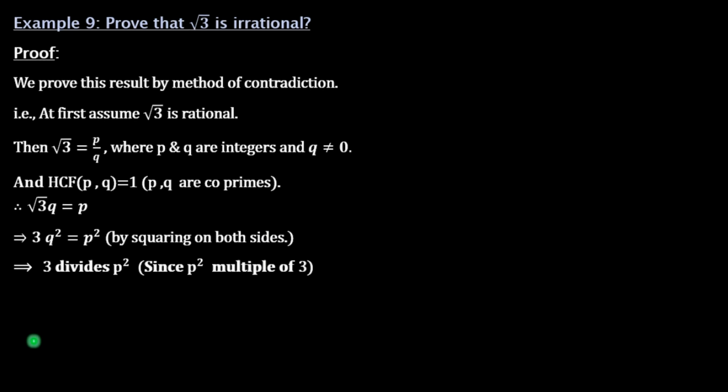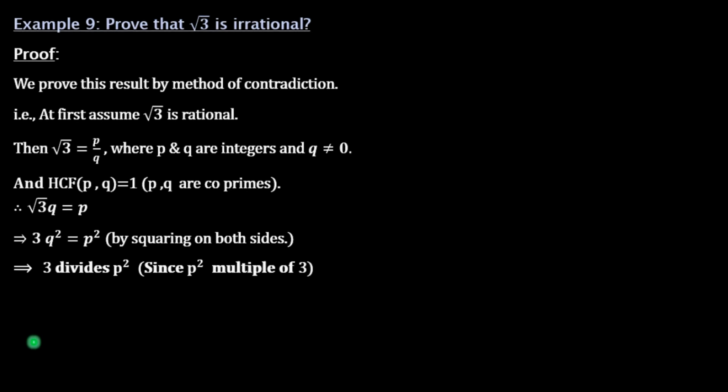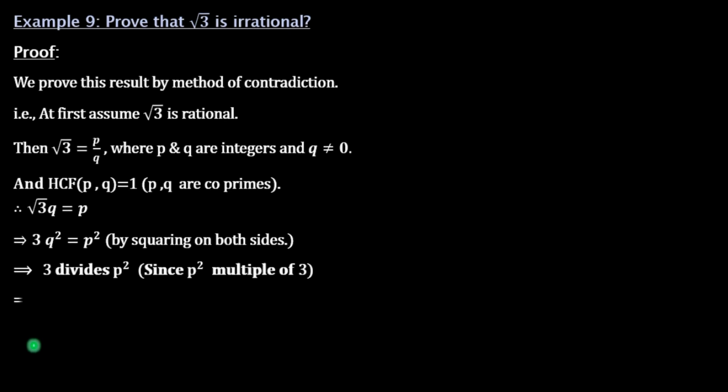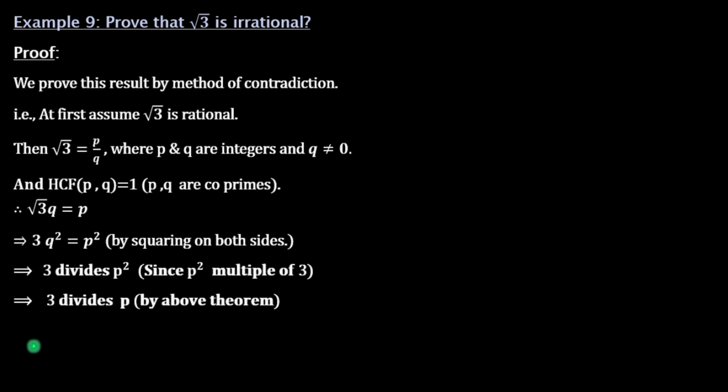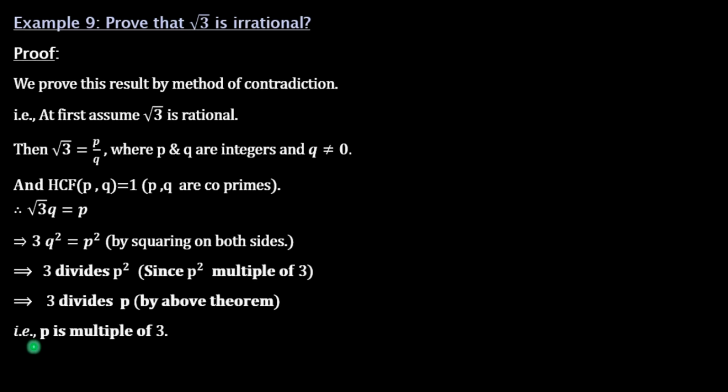Then what do we get by our theorem? If 3 divides p square, then 3 divides p, by the above theorem. So p is a multiple of 3, then p equals 3c.